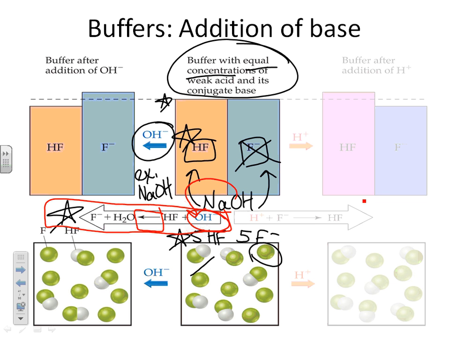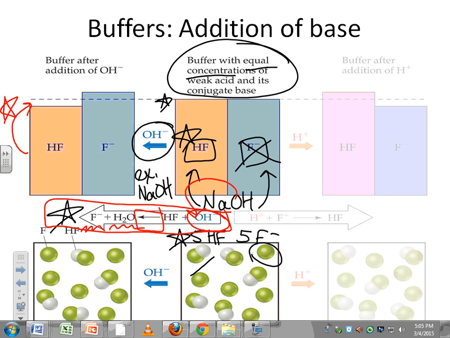Well, this is neutralization. So your HF donates a proton to the OH minus. What do we generate from that? We generate water. Okay, that's water. We know that water is safe. What else do we generate? We generate some F minus. So looking back up at the bar chart, you see that we had to use up some of our hydrofluoric acid in order to get this to happen, right?